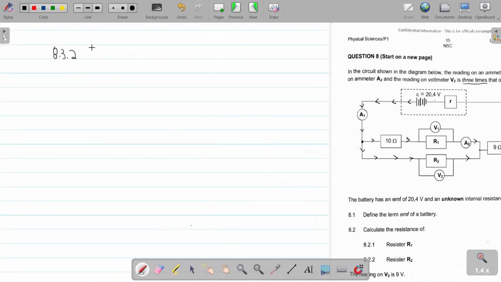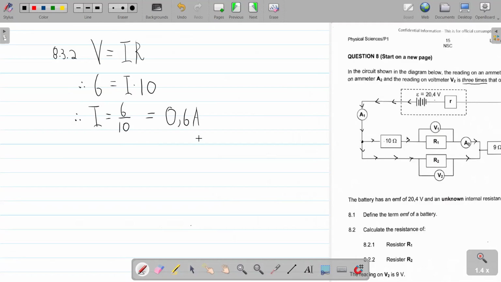So we can use Ohm's law. V equals I R. So we know that we have 6 equals I multiplied by 10. So then we therefore have I equals 6 over 10, and then we have 0.6 amperes.